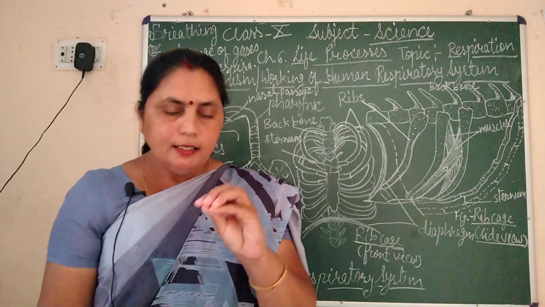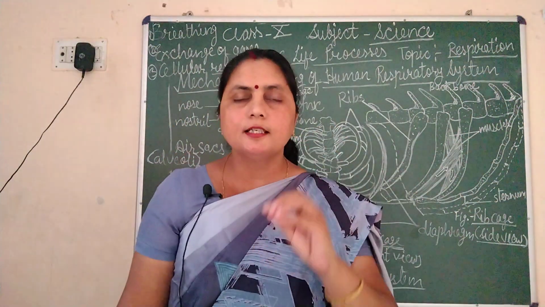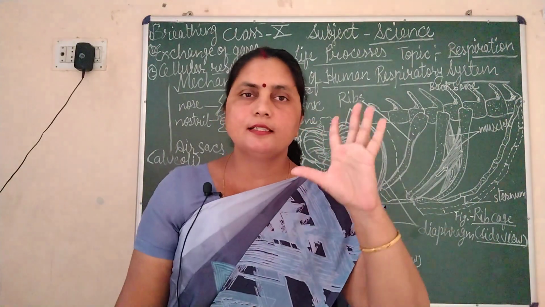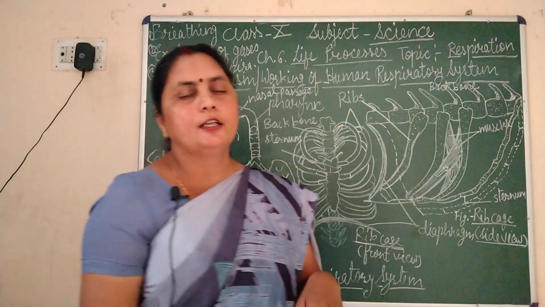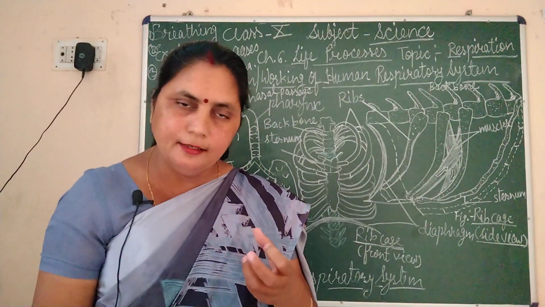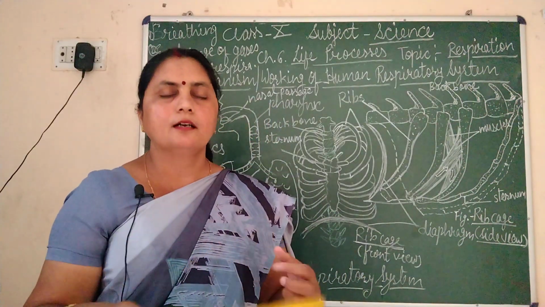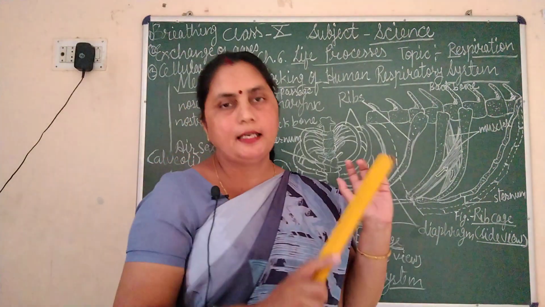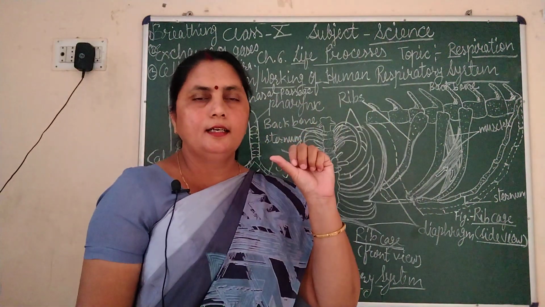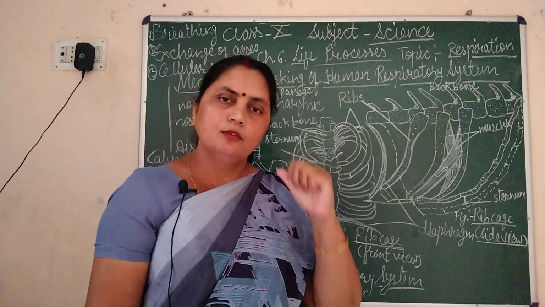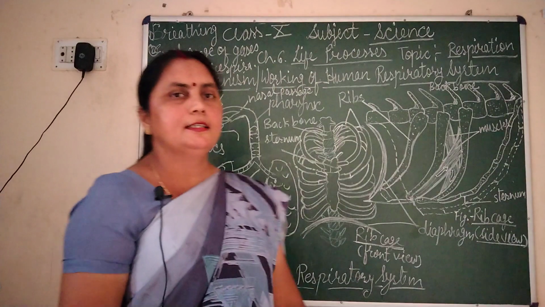Now with blood the oxygen reaches to all the parts of body, which means the oxygen reaches each and every cell of our body. Now in each and every cell of our body, glucose is already present, which has been brought from the blood, which is coming from the digestive system. So inside the cells glucose is present and the oxygen is given by the respiratory system.